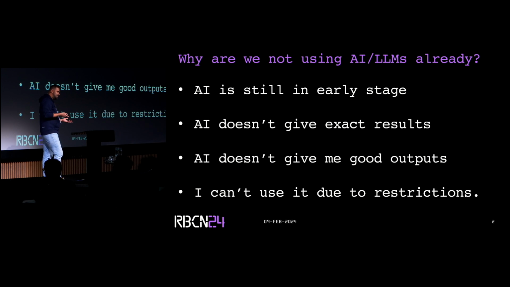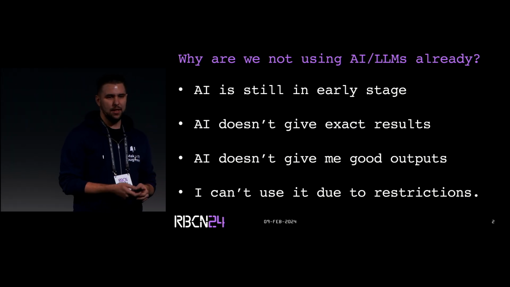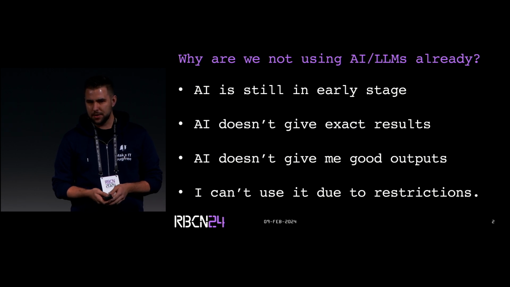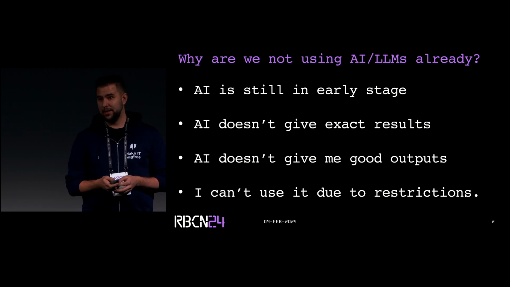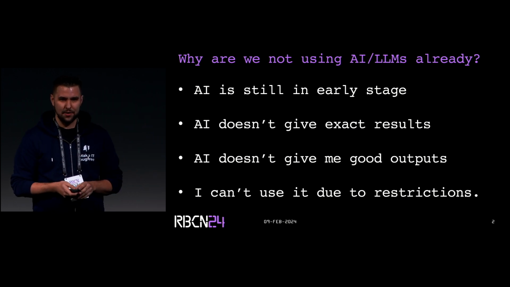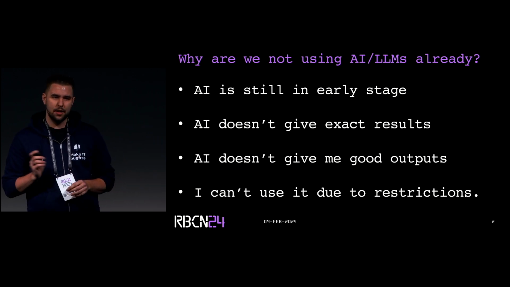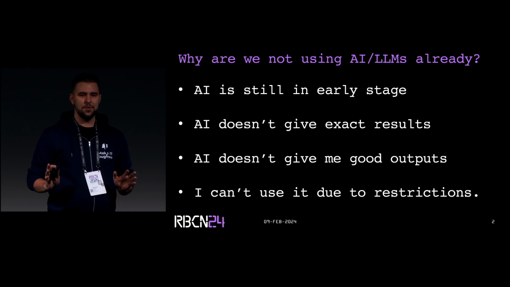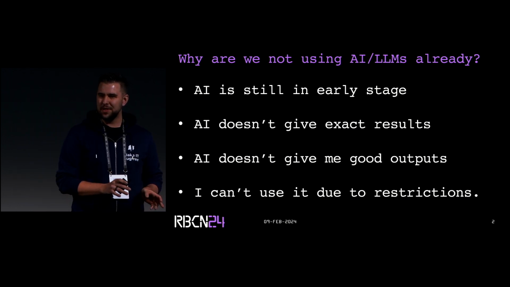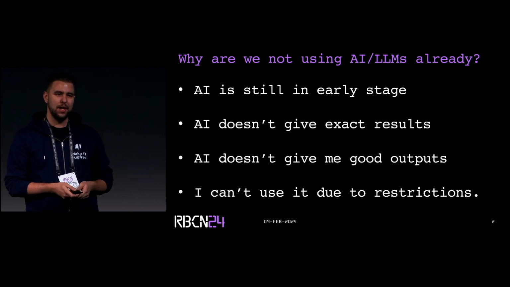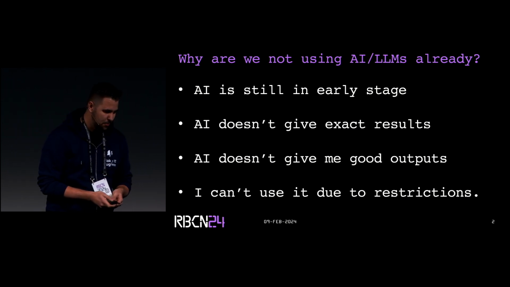So, yeah, it doesn't give exact results. Definitely, if you are using the unpaid versions, for example in ChatGPT, the 3.5 model, that's really bad. If you try version 4, that's much better, and it will give you much better results. But I'm not a salesperson for OpenAI here. I will just show you several features that can make the whole experience much better.